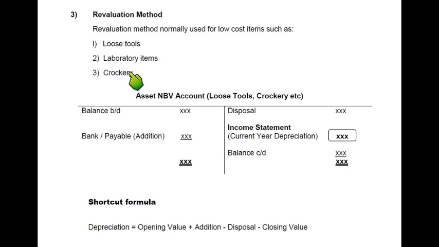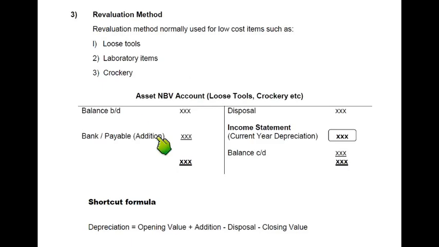And maybe the crates: if we see a Pepsi Cola or Coca Cola truck, they are carrying cold drinks in plastic crates. The plastic crates are also depreciated using the revaluation method. So basically, assets that are low in value and that do not warrant charging depreciation separately on each asset, we'll be using the revaluation method.